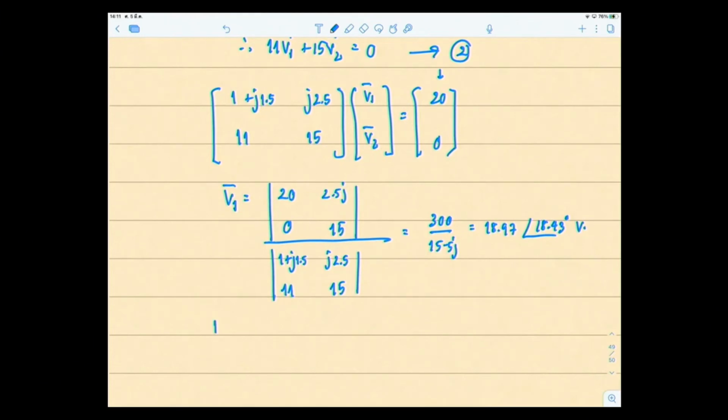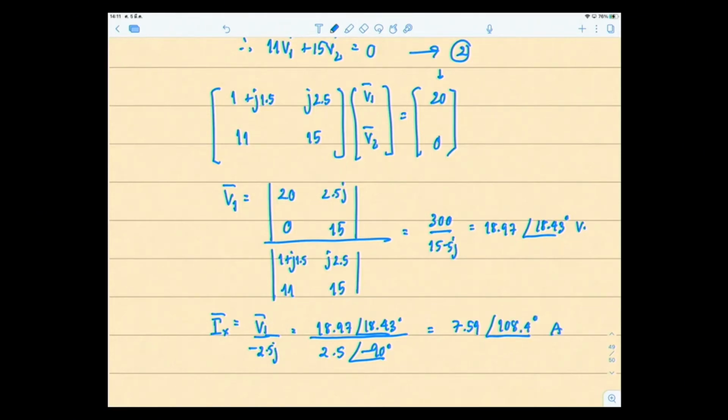So therefore, your Ix, the formula is V1 over minus 2.5j. So it's 18.97 angle 18.43 degrees divided by 2.5 angle minus 90 degrees. The answer is 7.59 angle 108.4 degrees amps.